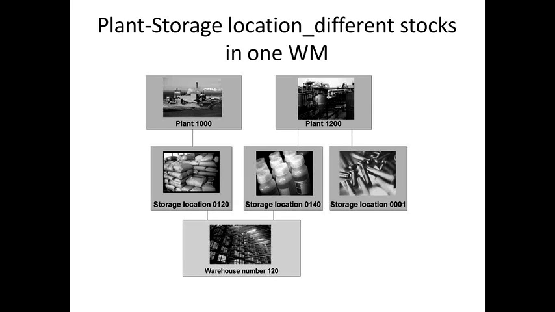Another thing I would like to ask, since we are discussing the storage location and warehouse number: I didn't work with the WM team, I was in the purchasing team. When we do the goods receipt via the MIGO transaction, many times there is a WM tab. That is understood, this is a warehouse management product.